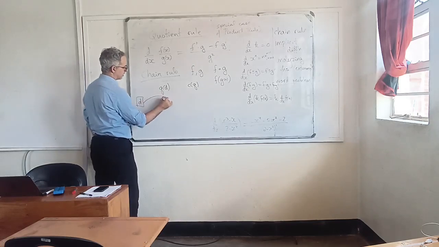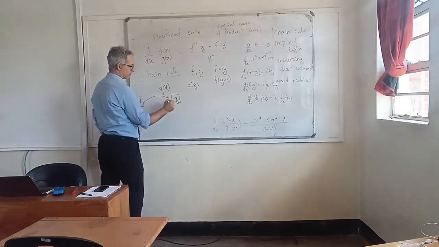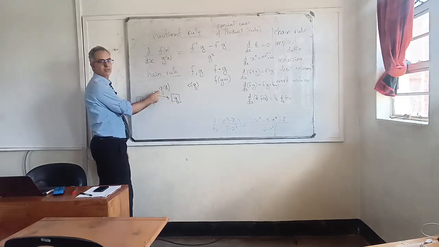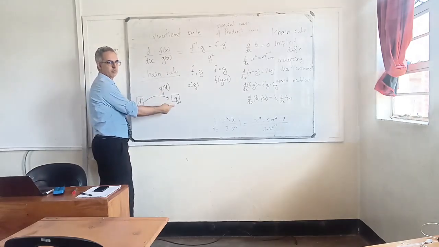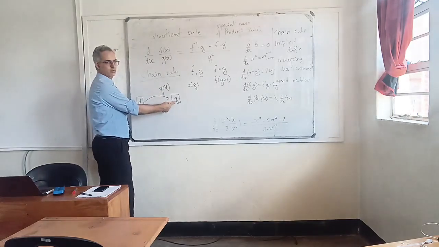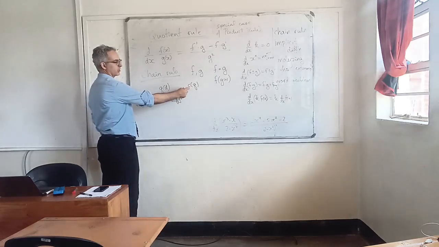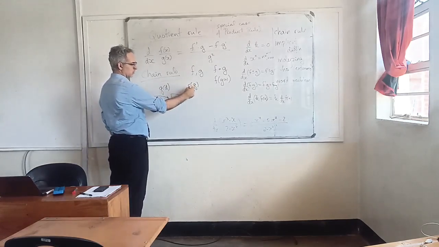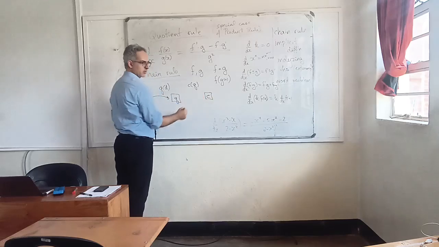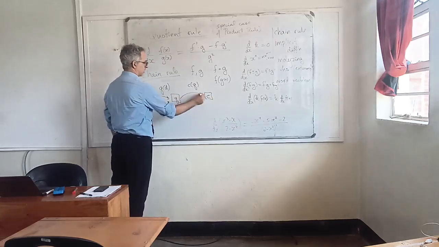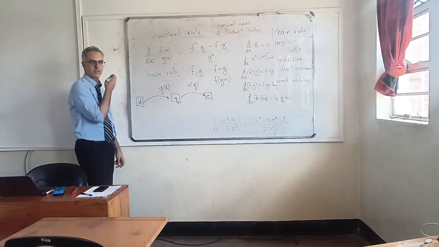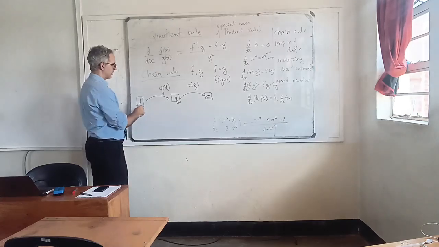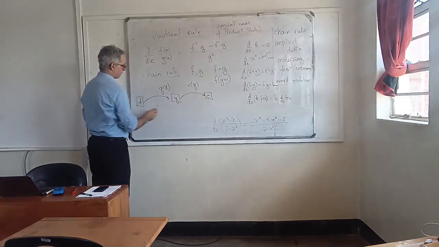A function takes an input, gives you an output, right? It takes d and makes it into a q. What does the function c do? It takes an input q and it gives you out a cost. It takes a quantity of fuel and turns it into a cost, right? The composition of functions is to say, I want this from this input.